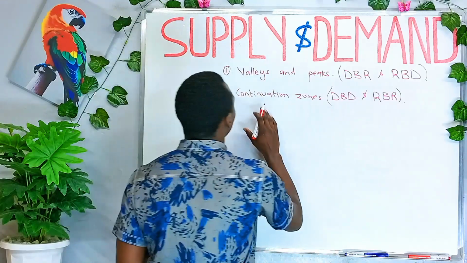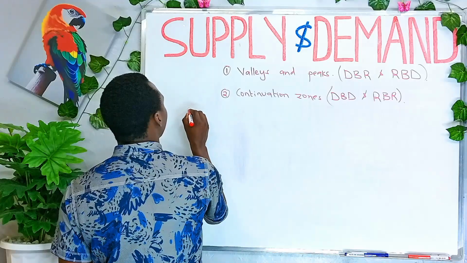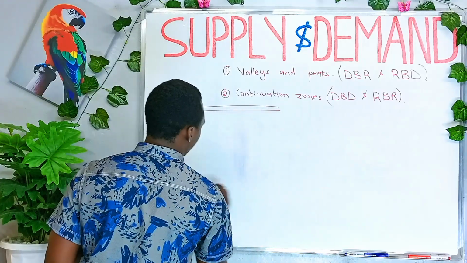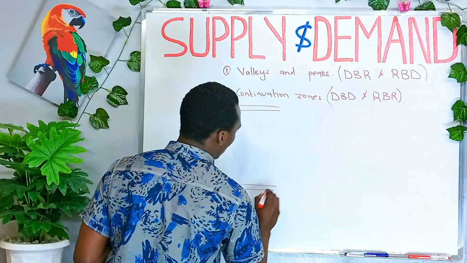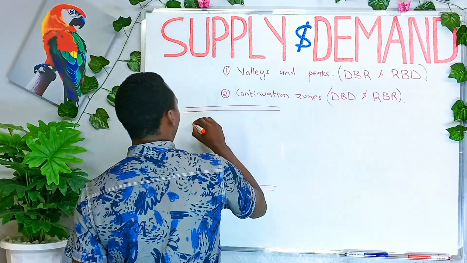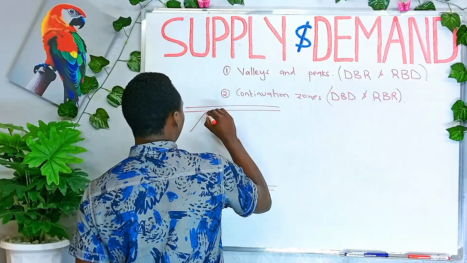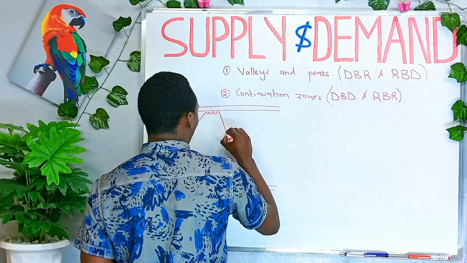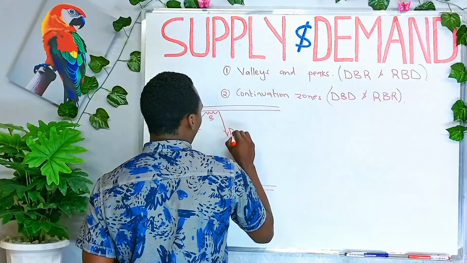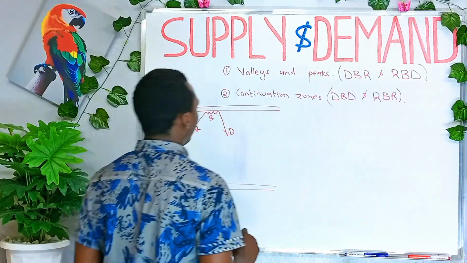Okay, so you will find that if this is the extreme high and this is the extreme low, you will find rally base drop here.